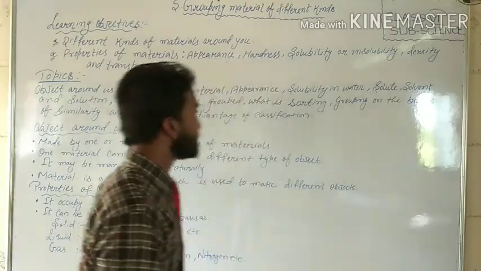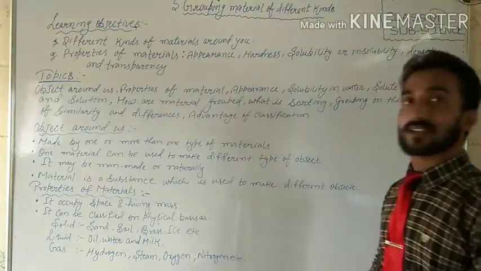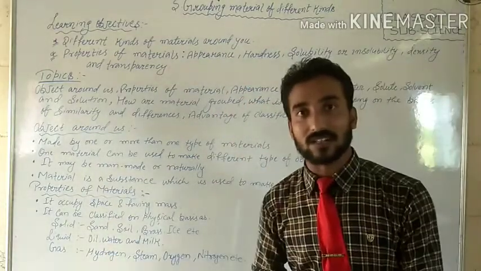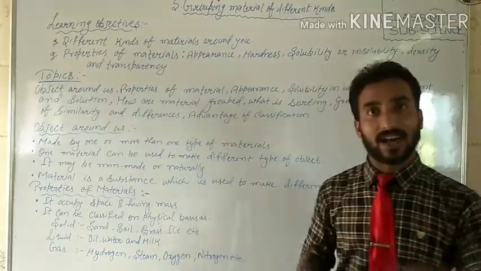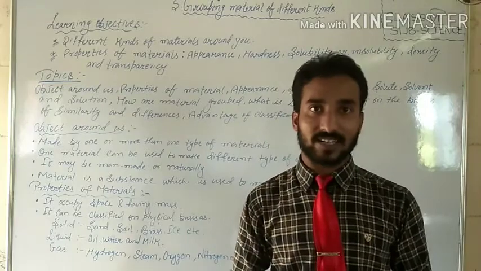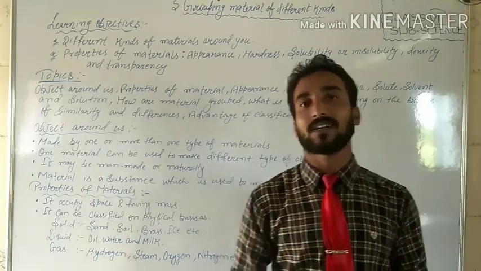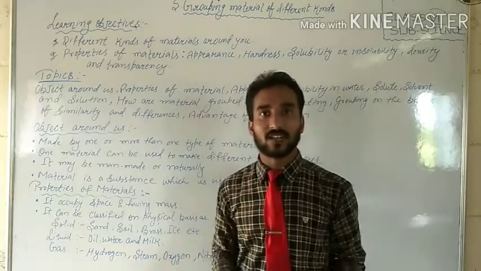Okay, students, first, objects around us. If I talk about objects around us, students, then I can ask you what type of objects are available in your surroundings, in your room, in your neighborhood, at your home, in nature.